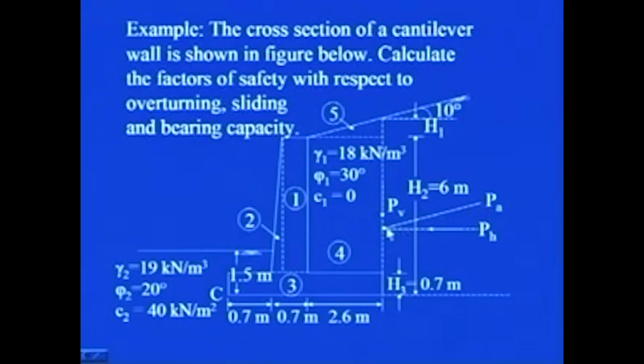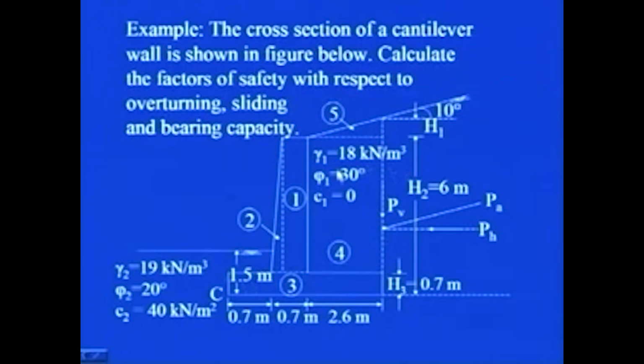So, you see this is Pa, the direction of the active force acting on the wall. It has been assumed that the failure is taking place along this vertical face. Its horizontal component is Ph, and vertical component is Pv.